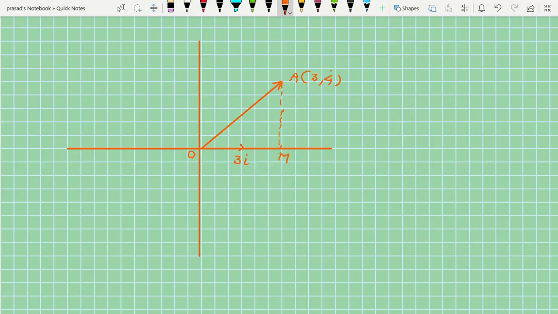Similarly, MA is parallel to the positive y direction and the magnitude of MA is 4. So vector MA can be taken as 4j. So if I use the triangle law of vector addition, I can say OA is equal to OM plus MA.